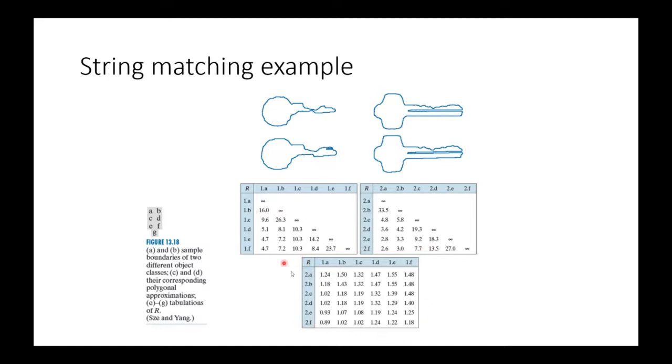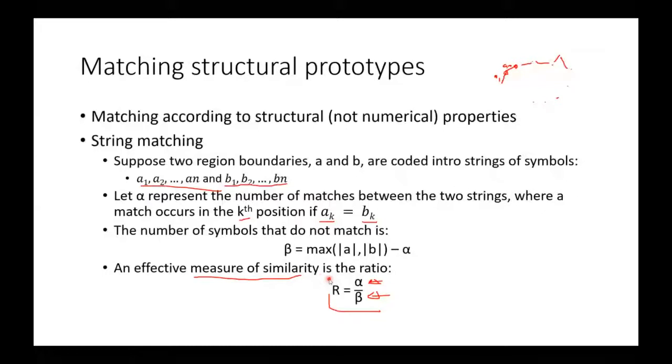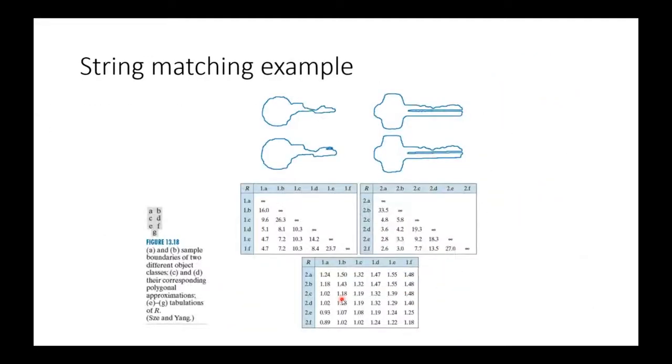And this table here gives the values for this factor R, the measure of similarity R, between the polygonal description of this key with respect to this key for each step in the description.